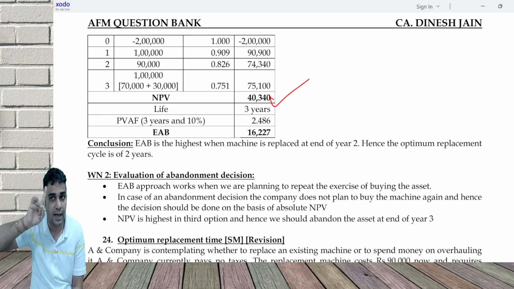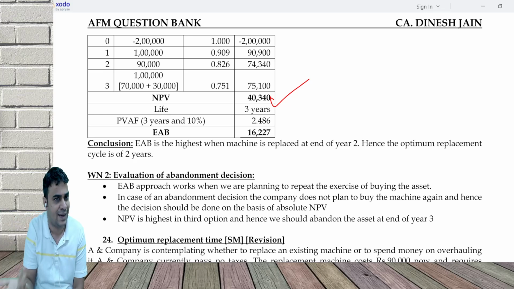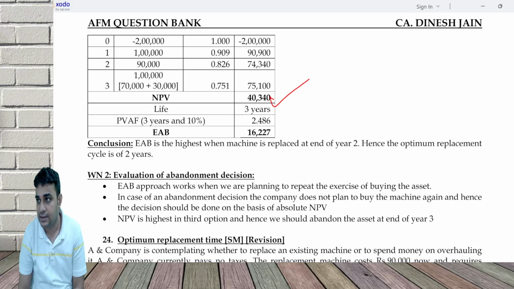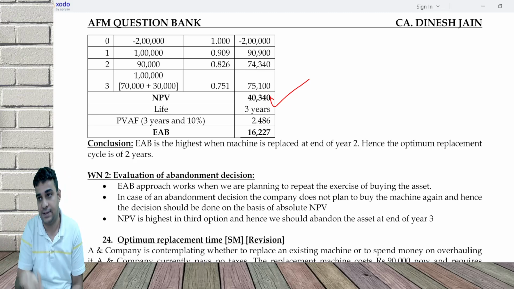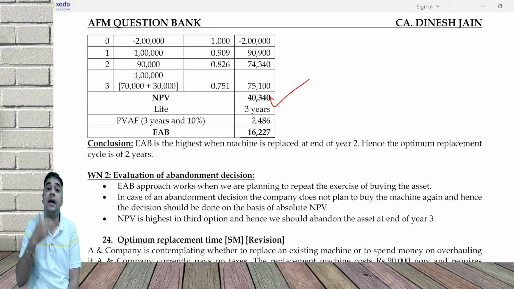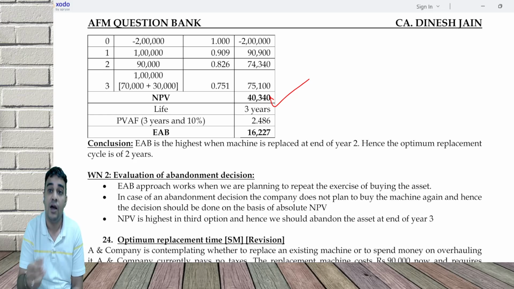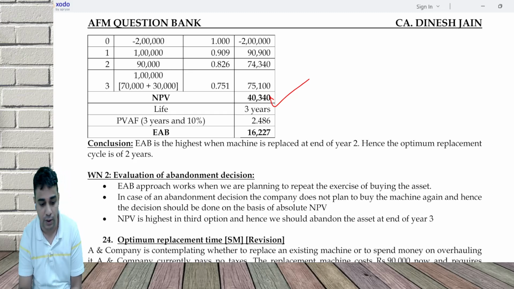In that case, it will be that first year itself, close it. You don't want the taxi, then sell it off at the end of the first year. Abandonment is a non-repetitive exercise. Replacement is a continuously repetitive exercise. For a repetitive exercise, EAB or EAC works. For a non-repetitive exercise, normal PV of outflow or normal NPV is going to work.